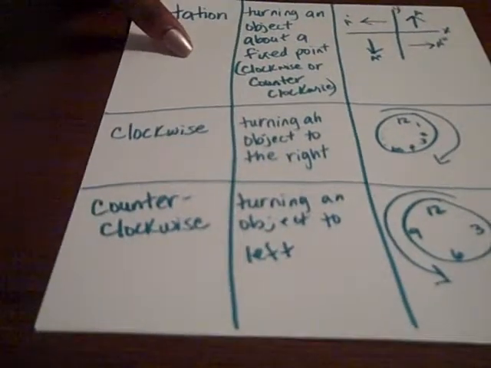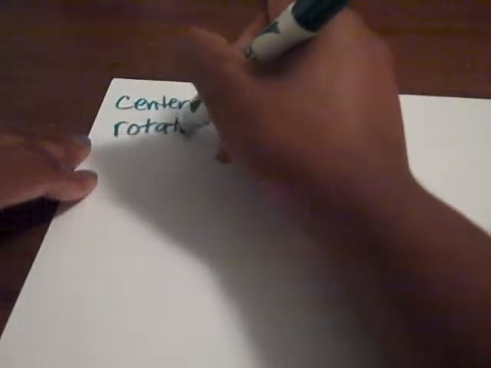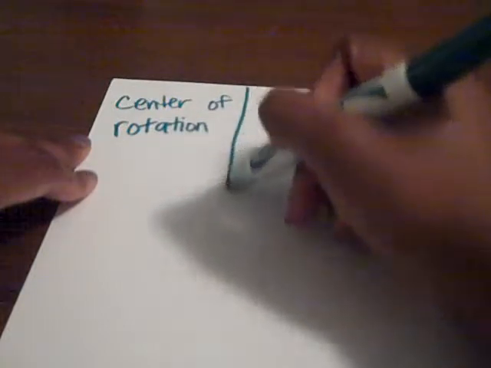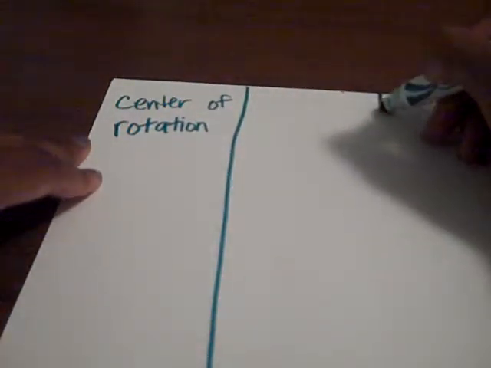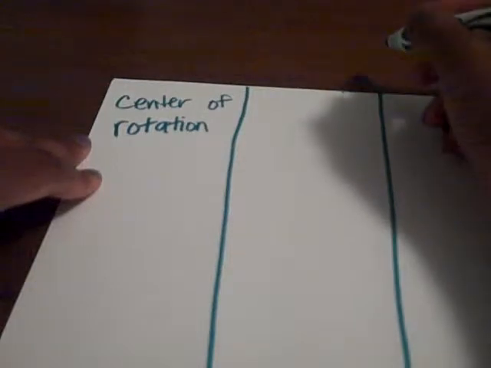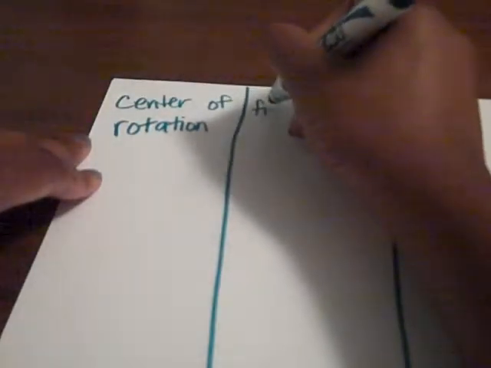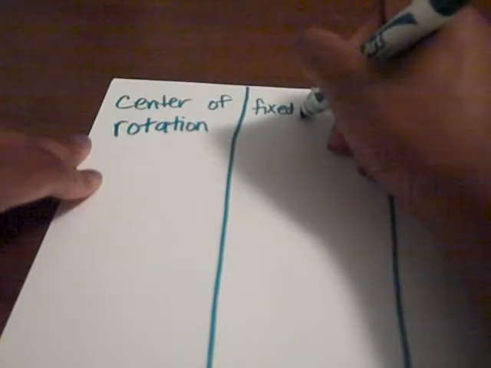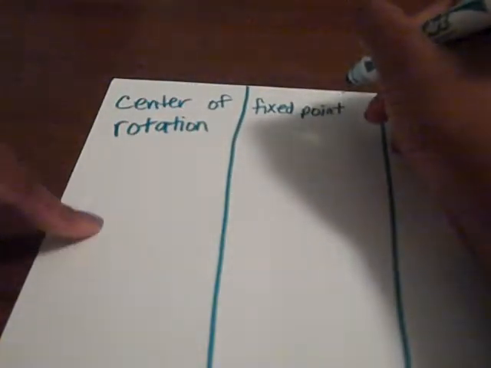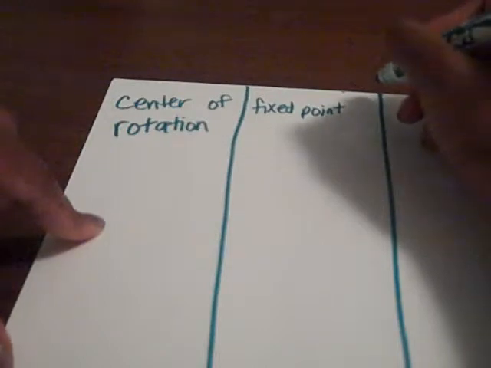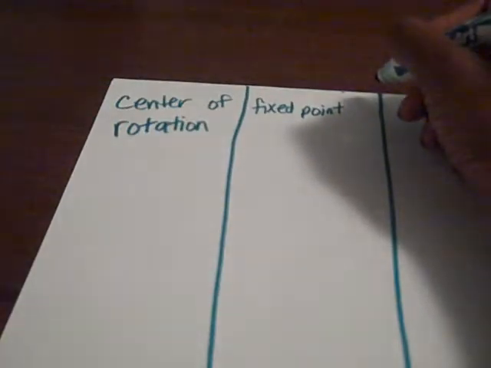Moving on to our last term. Our last term for today, dealing with Unit 1, is going to be center of rotation. The center of rotation is that one fixed point. It's where you place your finger down in order to turn your paper, and it's the one point that is going to stay fixed.